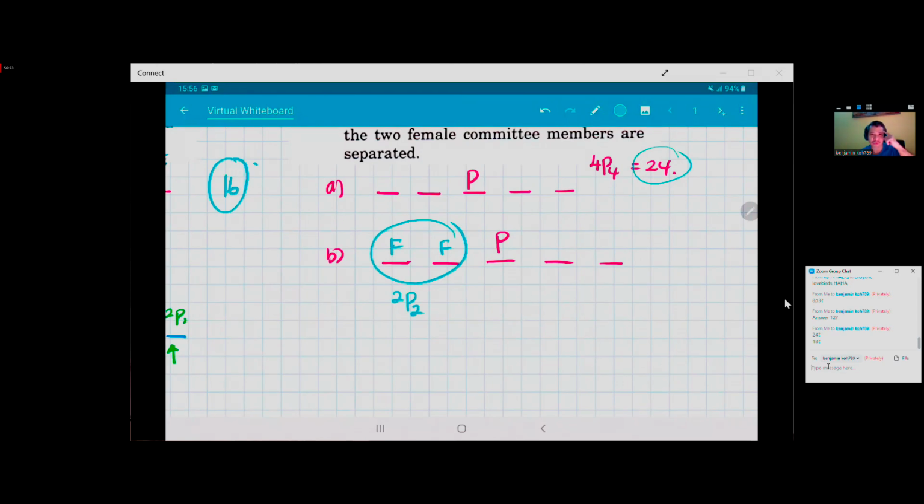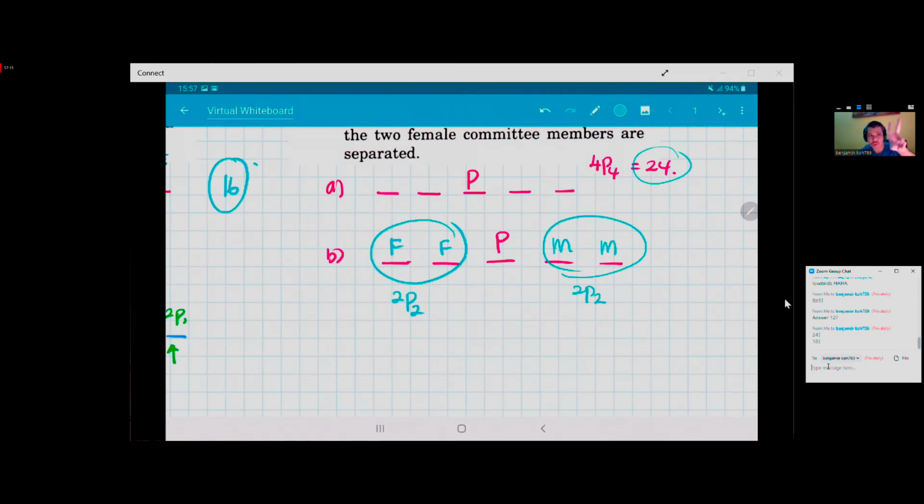But you got to know one thing. If you put 2 females here, then the other side must be the 2 males, correct? And to put the 2 males here, it will be another 2P2, correct? So if you put 2 females together, that means 2 females, 2 empty spaces, so 2P2.